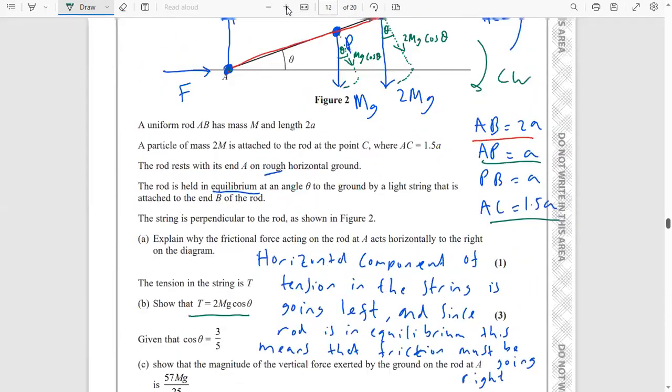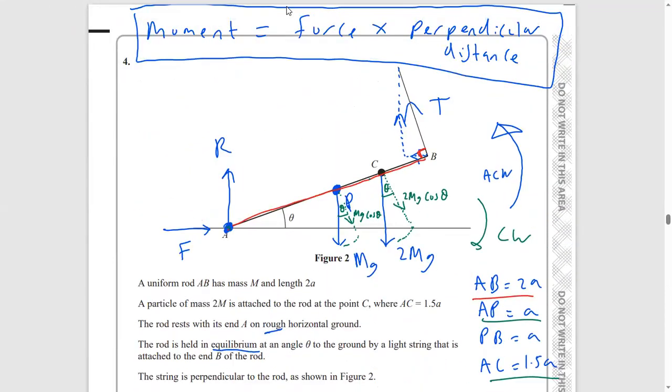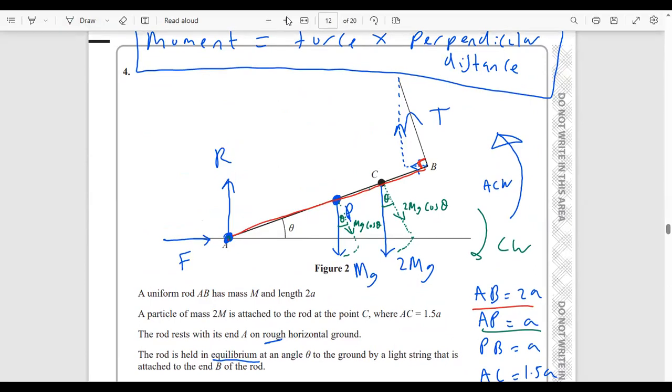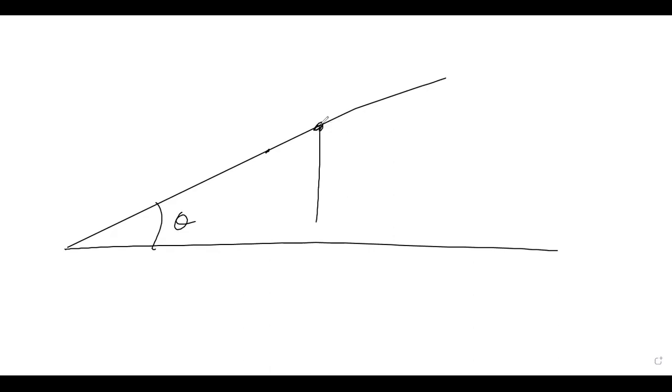I'm also going to again just go through, in case you're unaware, why this angle there is theta. So why these two angles there are theta. I'm just going to go to a whiteboard to explain this. So let's say again you've got a rod like this at an angle of theta, and then you've got some weight going down there, some vertical weight.